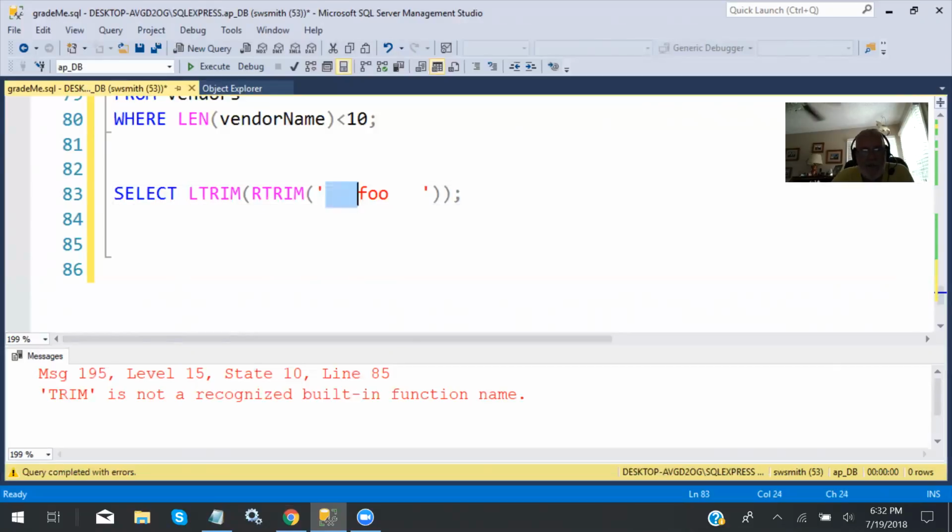If you change them, L trim first, you'd chop off these guys first, and then R trim would come in and chop off these guys. It would make no difference at all. And in SQL Server, if you want to chop off spaces on both sides, you have to use them together. We do not have just a plain trim. Other databases do.